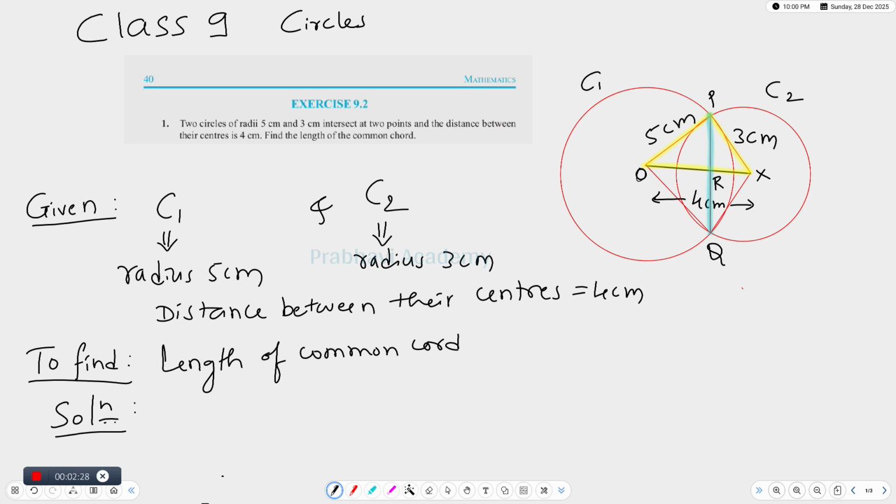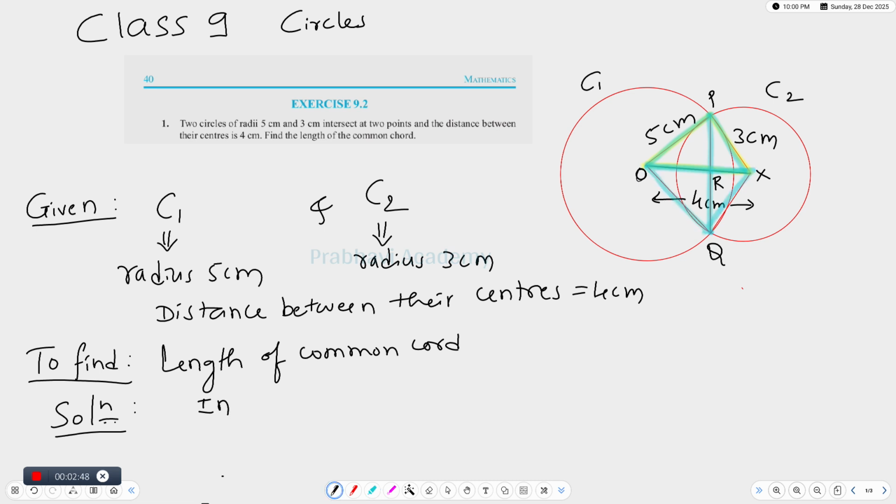Here you can see two triangles, triangle POX and triangle QOX.